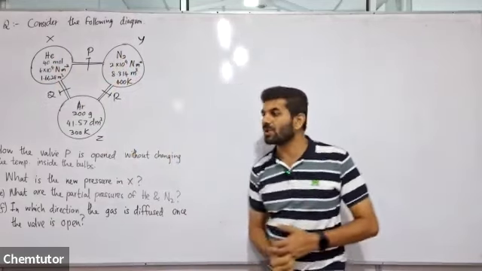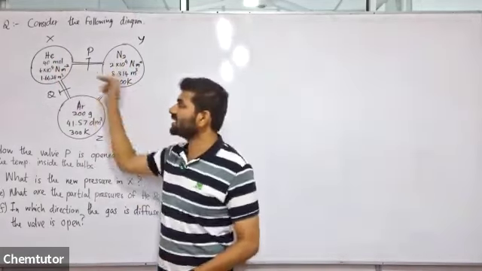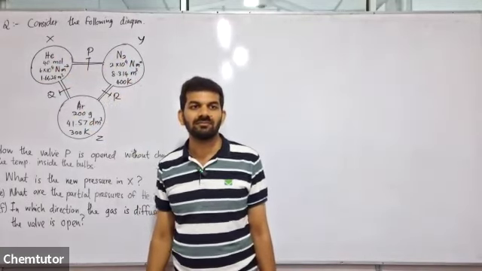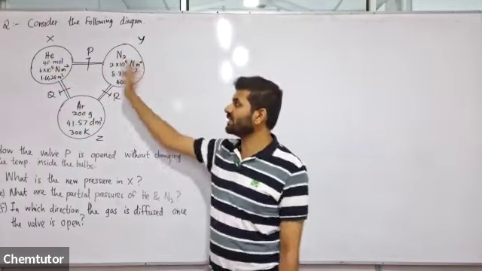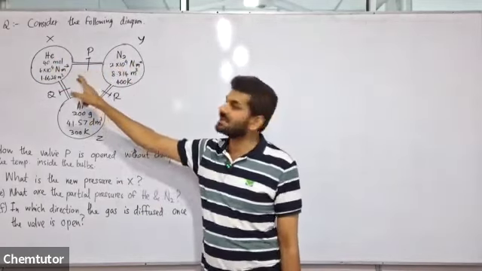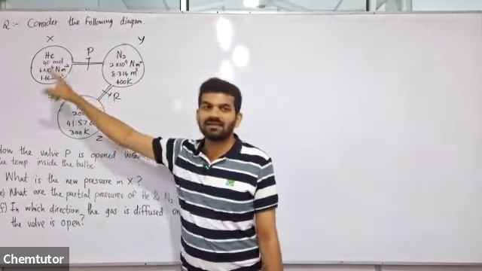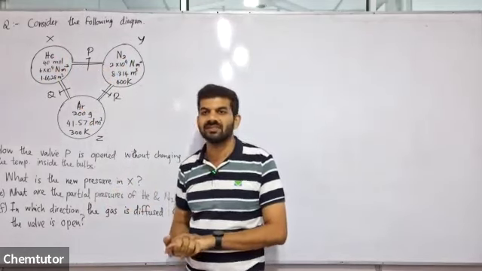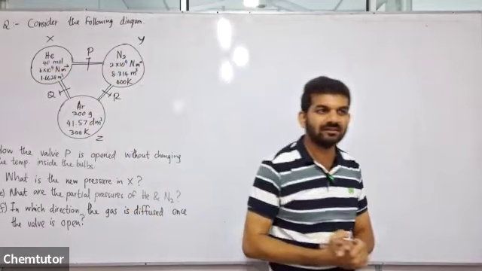But the most important thing is the pressures inside X and Y are equal to each other. Why is that? Because the whole system is now one system. Since the valve is open, X and Y are interconnected with each other, so the pressure is the same. Did you understand it?